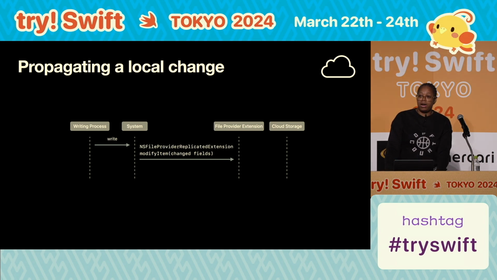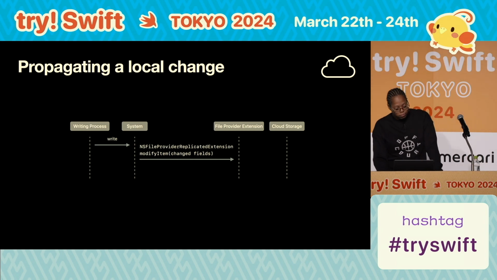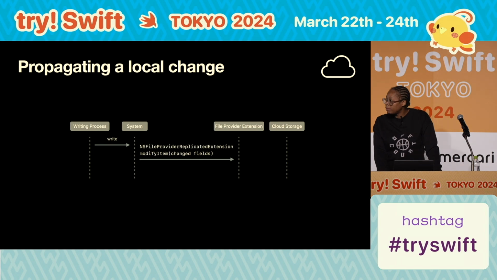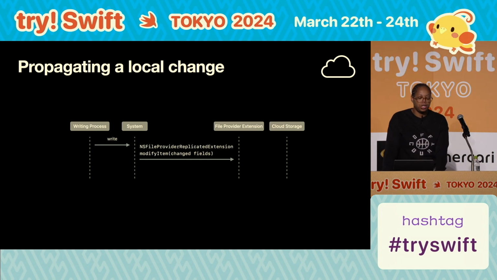If the contents of the file have changed, the system will hand you a clone of the changed file, so you can upload a consistent version, even in the event of further changes to the same file. When you're done, you will call the completion handler, and it will update the version identifier of the item, and it will confirm the delivery of the change to the extension.